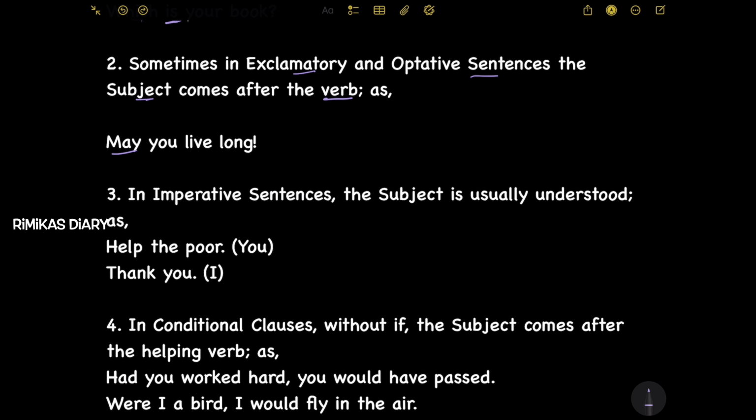Here the verb doesn't mean the main verb, it means the auxiliary verb. So may is an auxiliary verb. You is the subject. So here the you came after the verb.